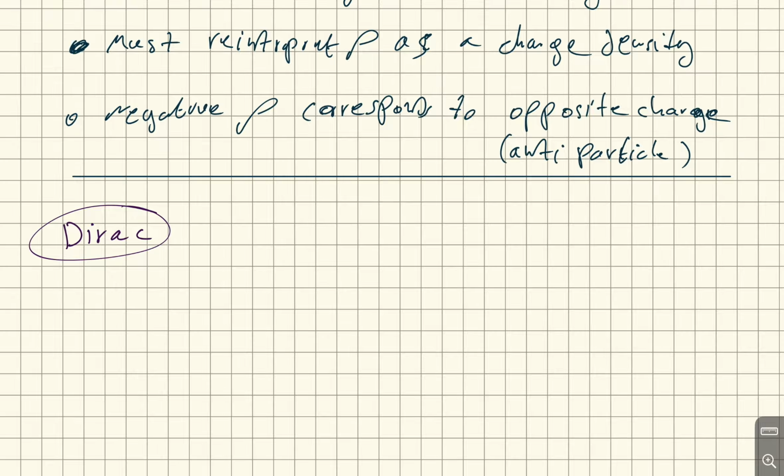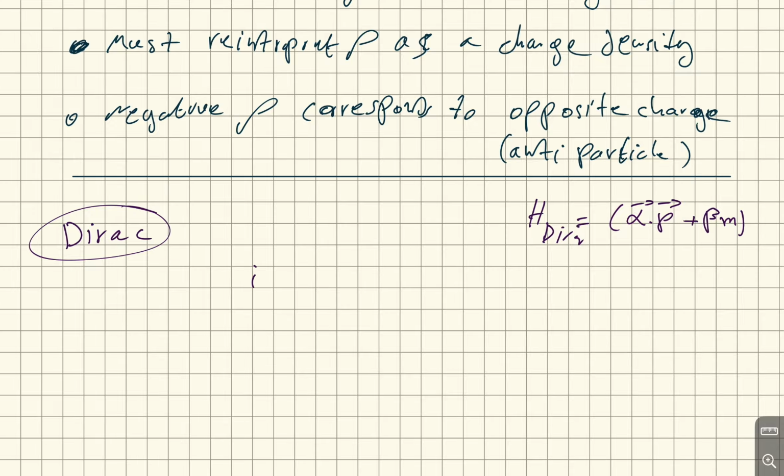And what is the difference? We know that the Hamiltonian of Dirac is equal to alpha dot p plus beta m. That's the Hamiltonian.